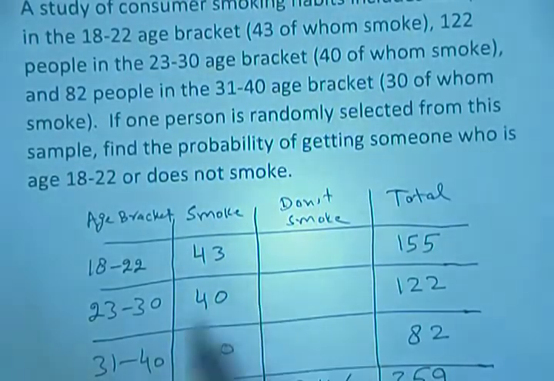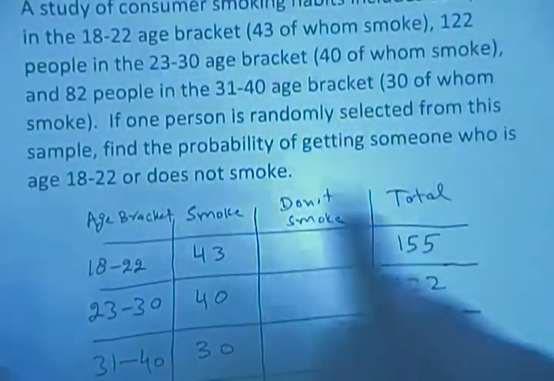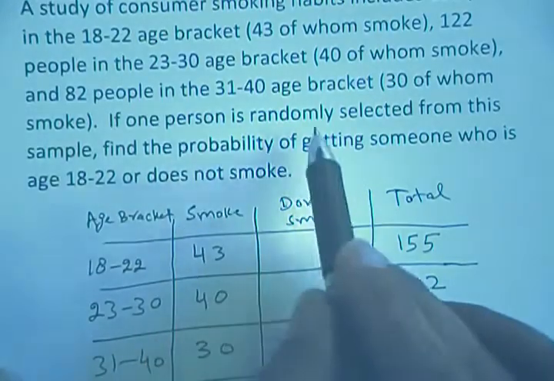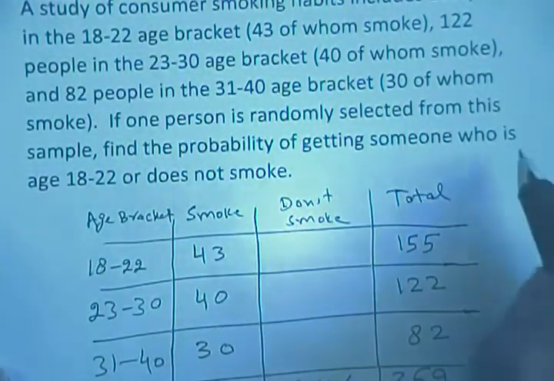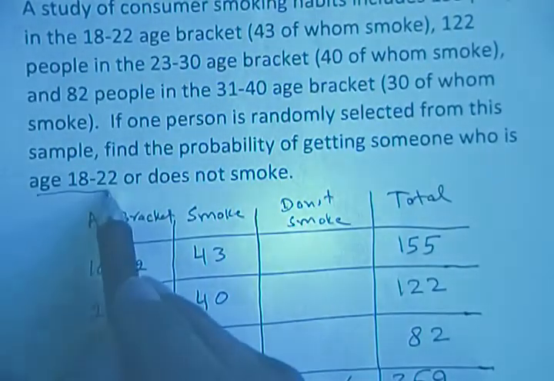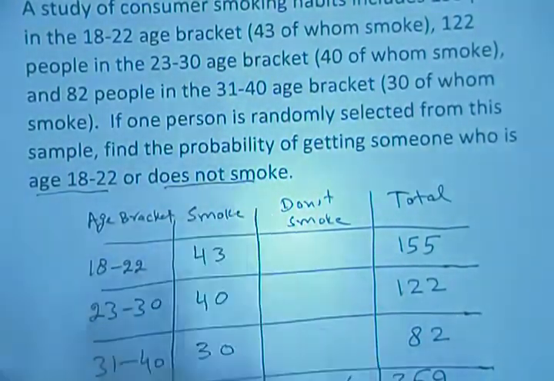Now we have to find, if one person is randomly selected from this sample, the probability of getting someone who is in this age bracket or does not smoke.